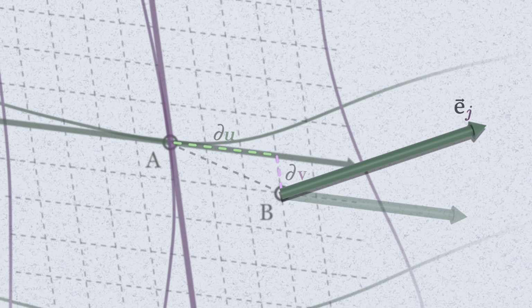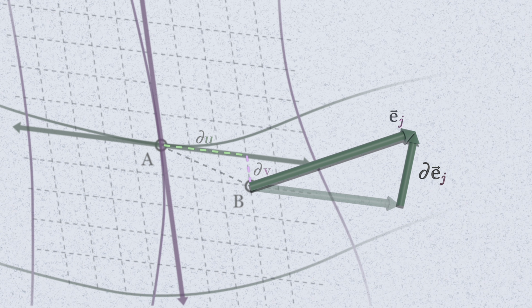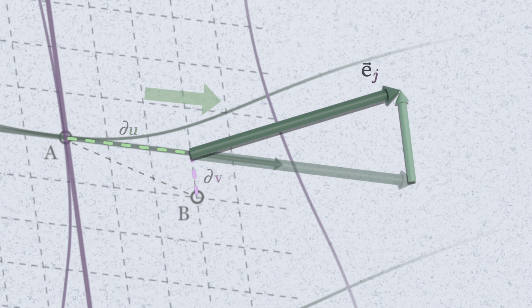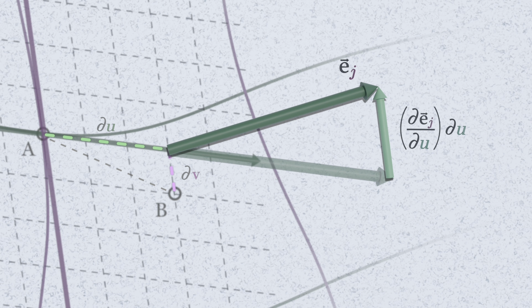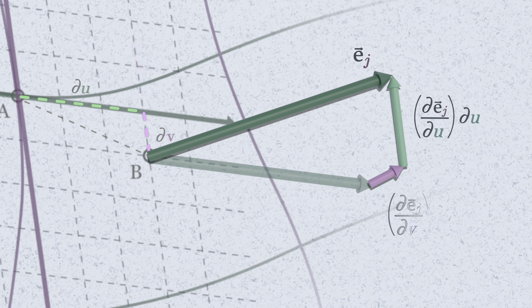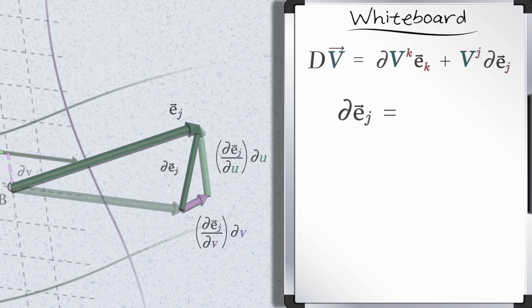We can thus decompose the change de_j of our basis vector into that component which occurred along the u-coordinate displacement, de_j du, and that component which occurred along the v-coordinate displacement, de_j dv. We can thereby rewrite de_j as de_j du plus de_j dv.